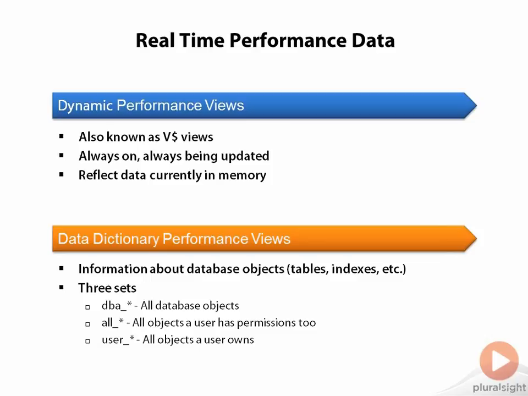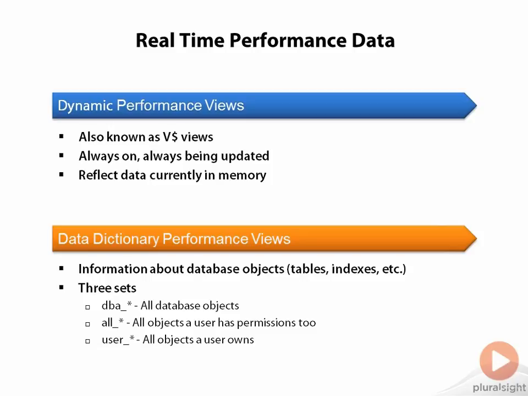Now these views come in 3 flavors, but they are all essentially the same. The 3 flavors reflect what data the view will return. All of the views that start with a DBA_ will show data for all objects in the database. By default, you may not have access to this set of data dictionary views. The other 2 sets, though, you will.